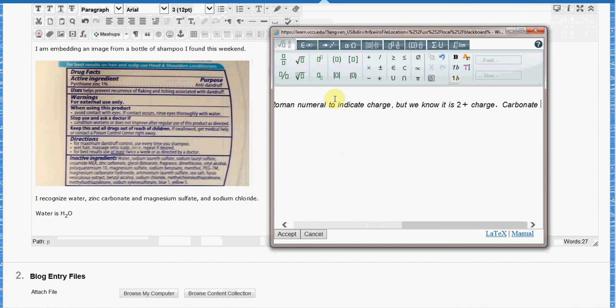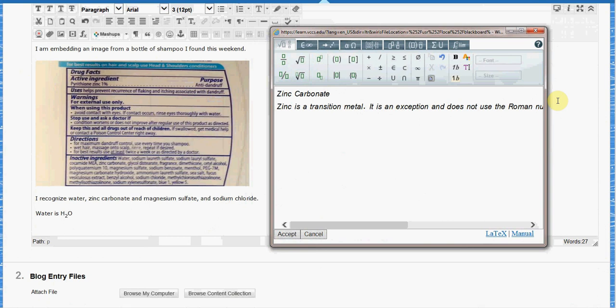Carbonate is CO3 with a 2- charge. So if you leave a space there, it's kind of nice.